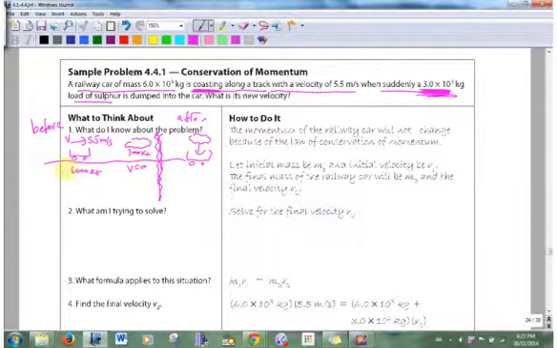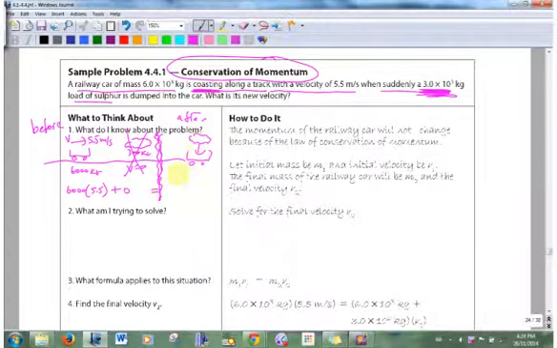So momentum before equals momentum after. That's the principle by which we do this question. What's the momentum before? I have momentum of the car. Momentum is m times v. And the momentum of this sulfur before, because momentum is a product of the mass times the velocity, and the velocity is 0, is 0.